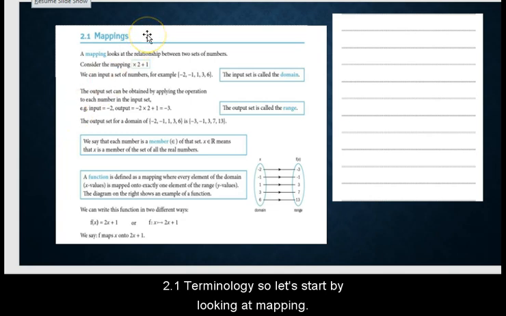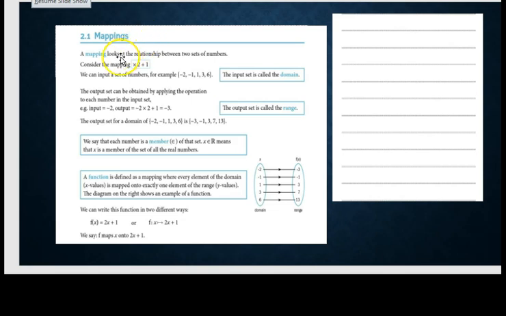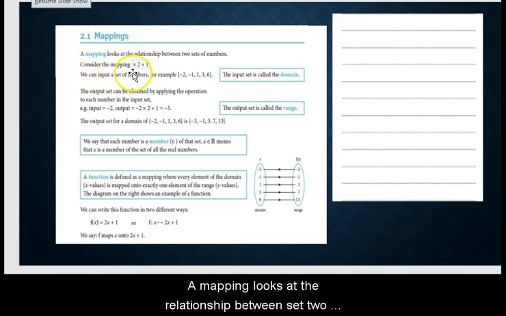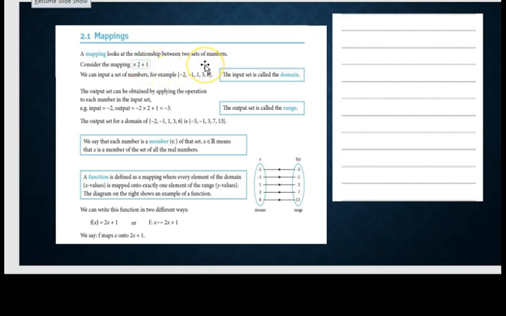2.1 terminology. So let's start by looking at mapping. A mapping looks at the relationship between two sets of numbers. The relationship between two sets of numbers. And we can consider x times 2 plus 1. So we can input a set of numbers for x.